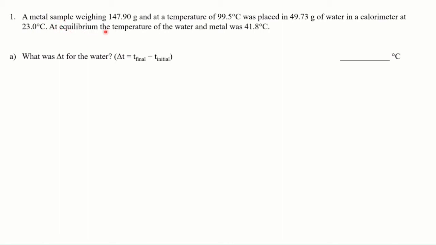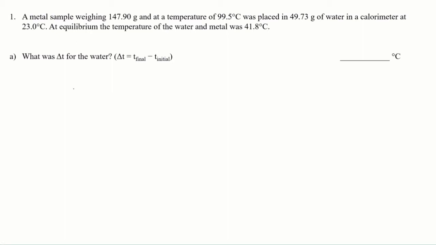After a while, the equilibrium temperature of both the water and the metal was 41.8 degrees Celsius. So here it seems that all of the thermal energy, or the heat energy of the metal, was transferred from the metal into the water. And that raised the temperature of water from 23.0 degrees Celsius to 41.8 degrees Celsius. So to calculate the change in temperature, we will take the final temperature minus the initial.